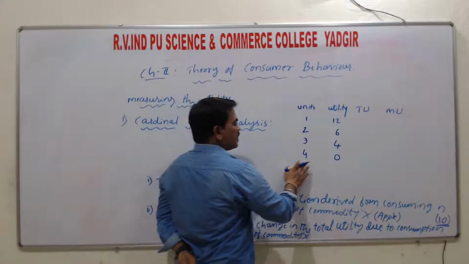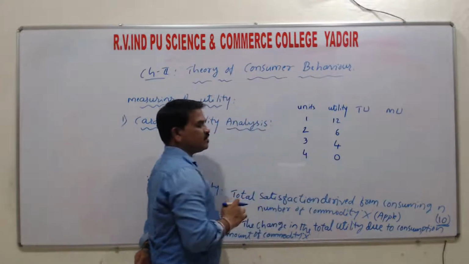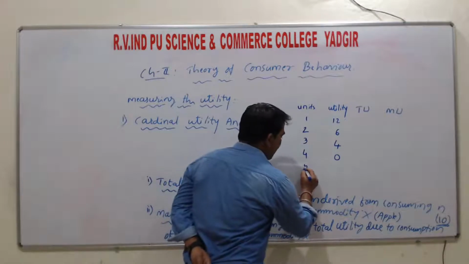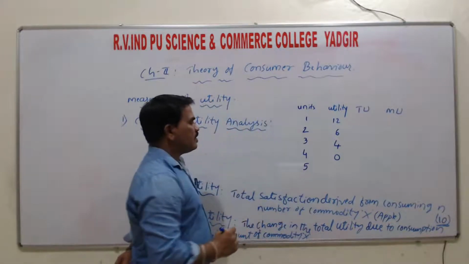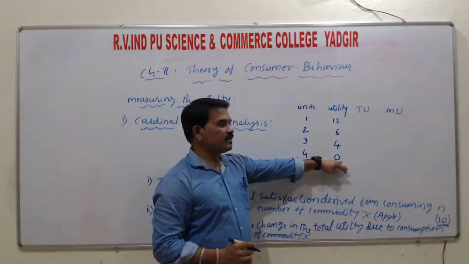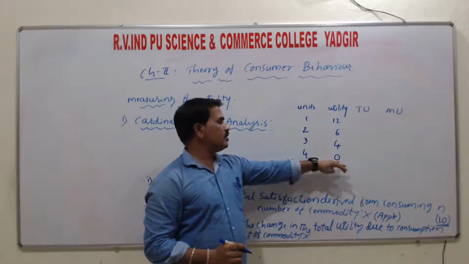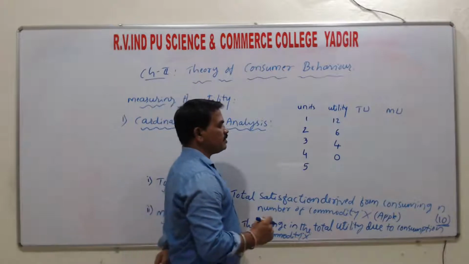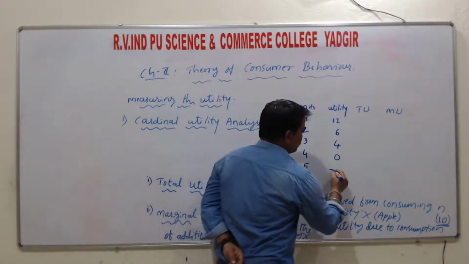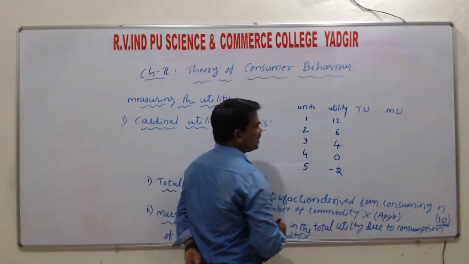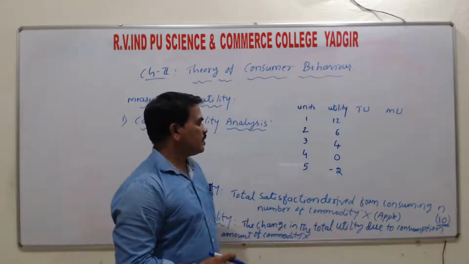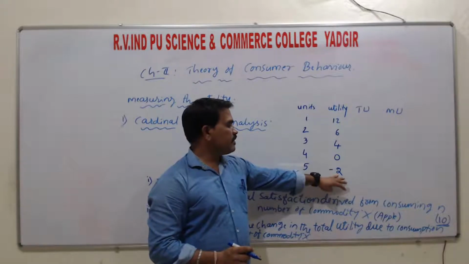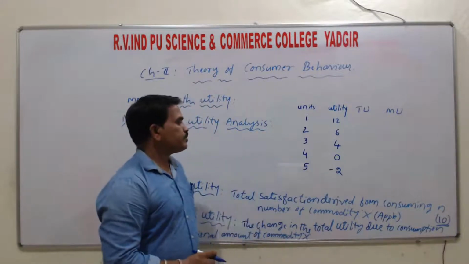That is why I don't have any satisfaction for having the fourth apple. My satisfaction level is 0 here for this fourth apple. When I eat the fifth apple, it goes in negative. The satisfaction level is negative. So minus 2. The utility is minus 2 units here.